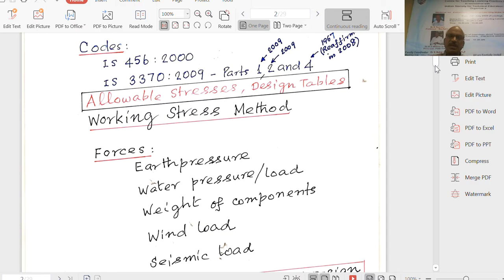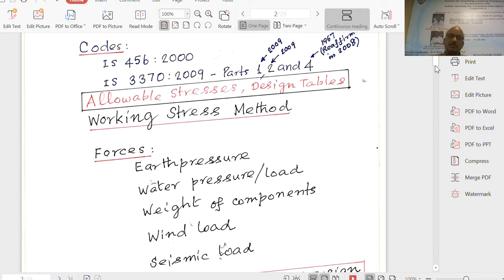The supporting structure, namely the columns and braces, will be subjected to wind load. So when the wind is acting from one direction, the columns on the direction in which wind is acting are called windward columns. On the other side, the columns are called leeward columns. So we are going to analyze and design. The windward columns will be subjected to tensile force because of wind.